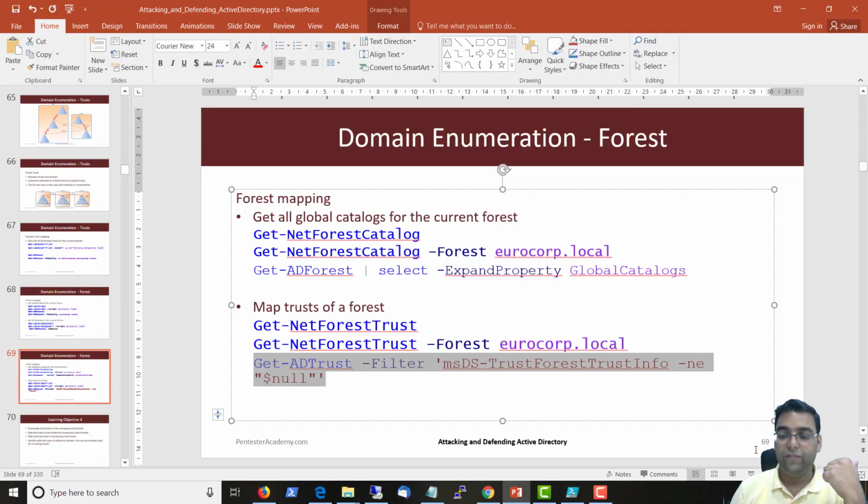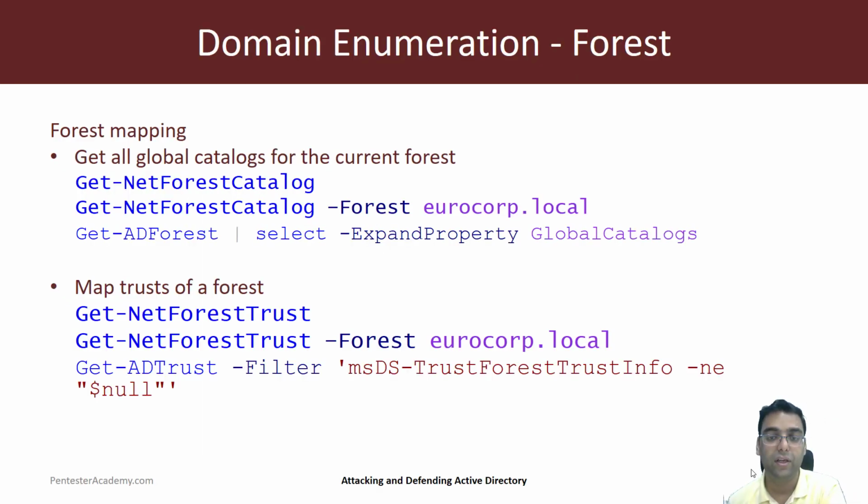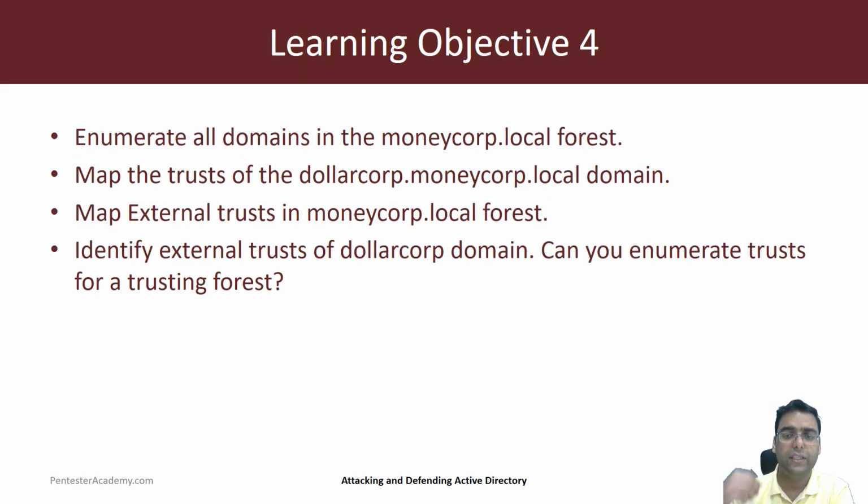So what we did, we mapped information. We mapped trust, understood what trusts are, and mapped trust relationships in our current domain, within the forest or across forest trust. Right. So let's have a look at some quick learning objectives.